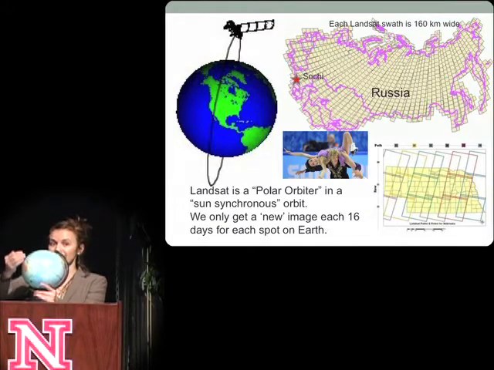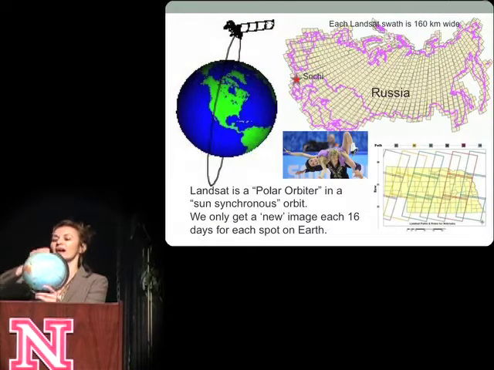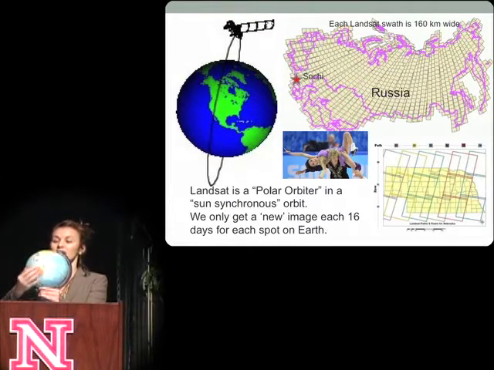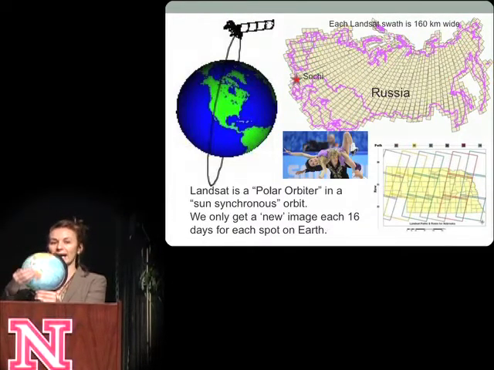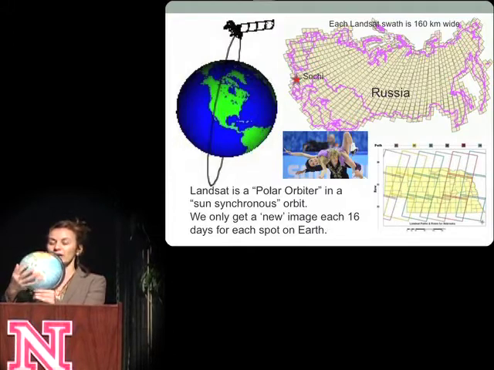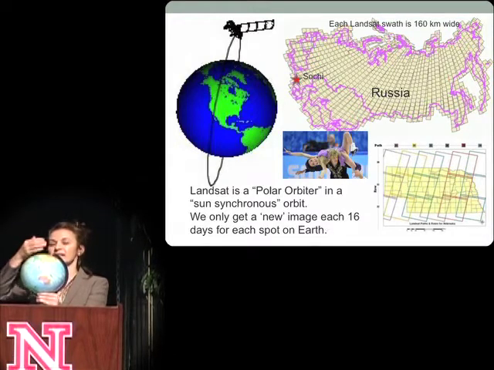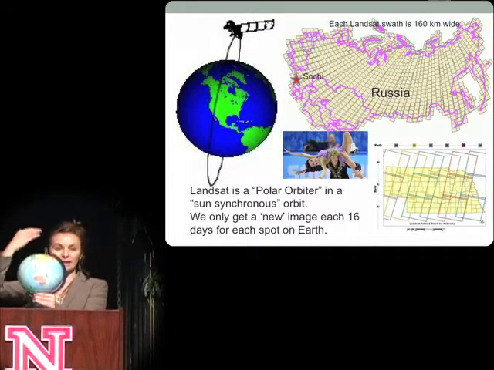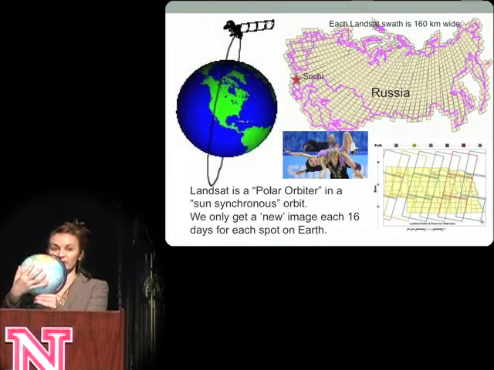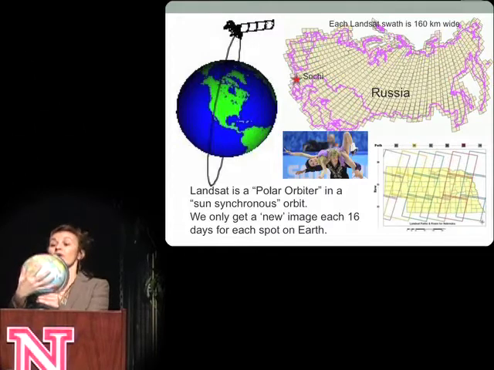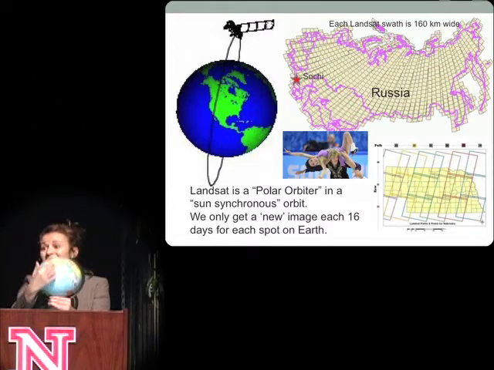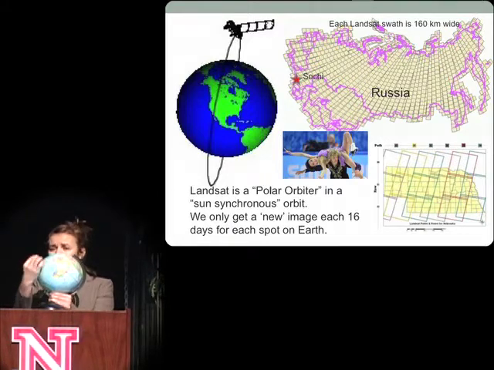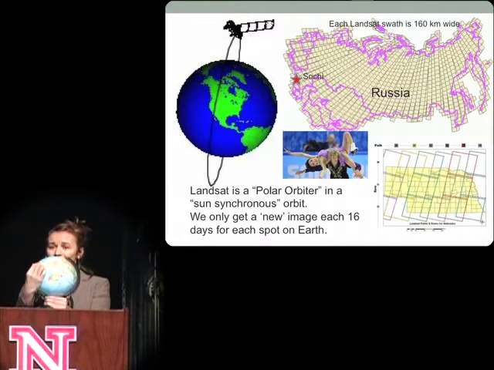Another 90 minutes, the second time when Landsat comes, the Earth has rotated, so it takes a new path. Again, after 90 minutes, the Landsat is back again taking pictures. And again, 90 minutes, it takes another picture. So after 16 days, we get a picture of the same location twice.